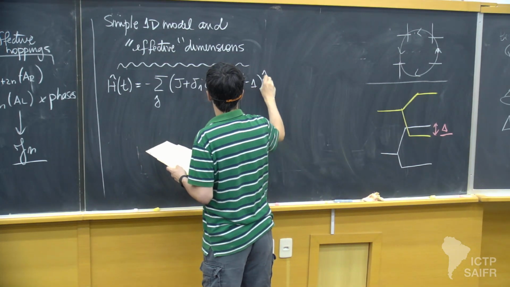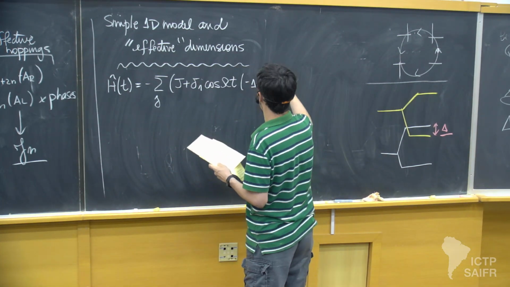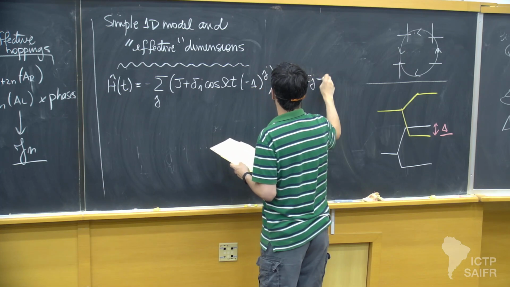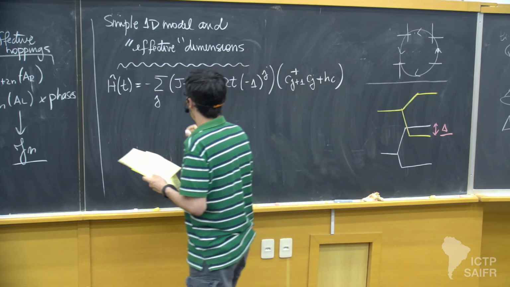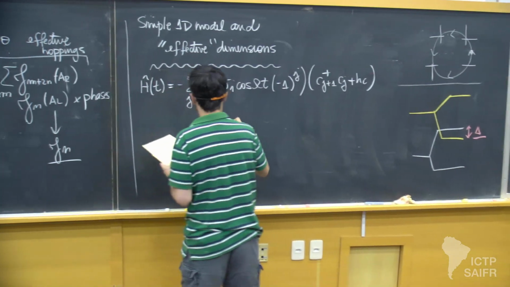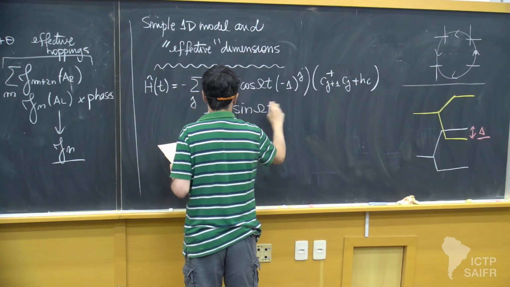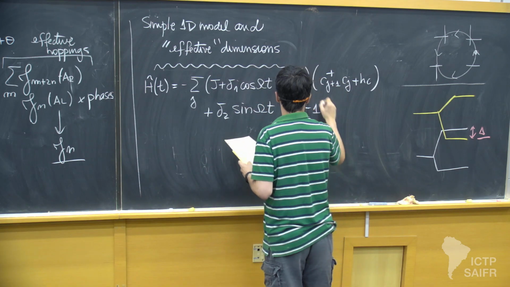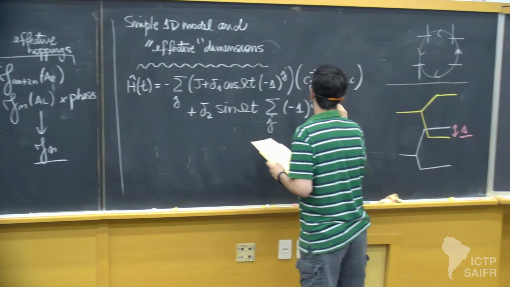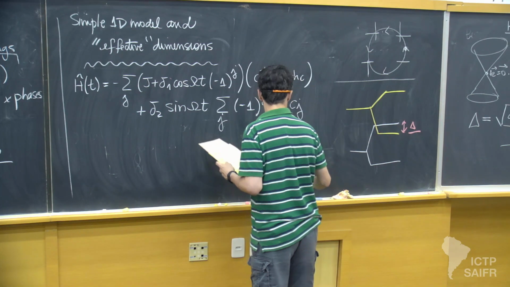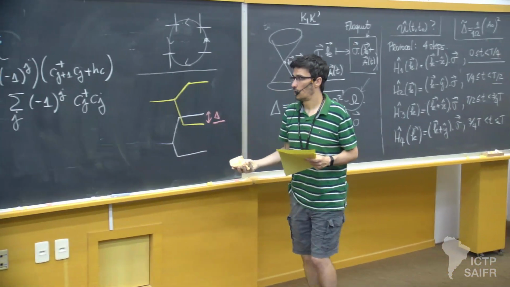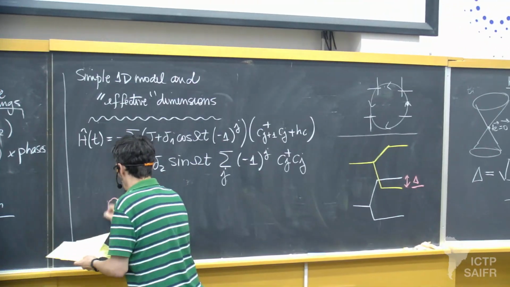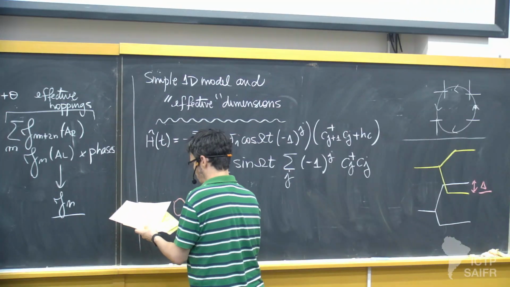Minus 1 to the power j, C_{j+1} dagger C_j plus Hermitian conjugate, plus delta 2 sine of omega t, sum over j, minus 1 to the power j, C_j dagger C_j. Okay, this is the Hamiltonian for the following one-dimensional system.